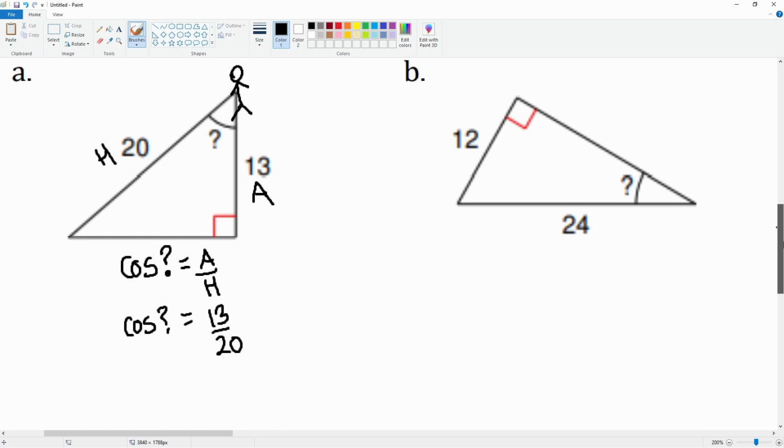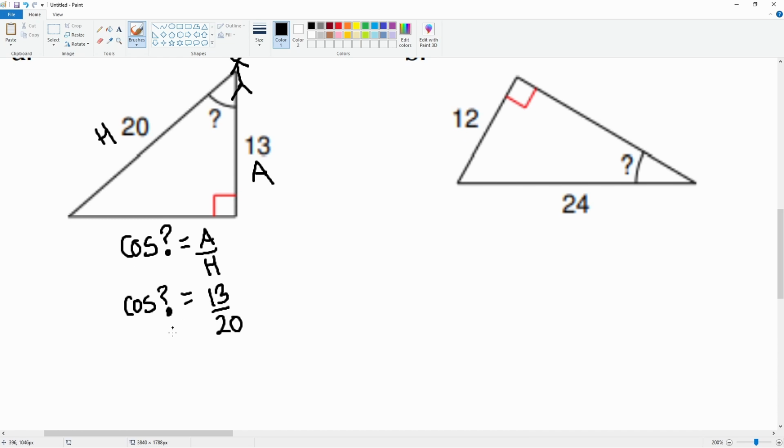We want that question mark by itself, so now we apply the inverse. So the question mark is equal to cosine inverse of 13 over 20. This is when you have to use your calculator. So the question mark is approximately, let's enter that in our calculator, cosine inverse 13 divided by 20.